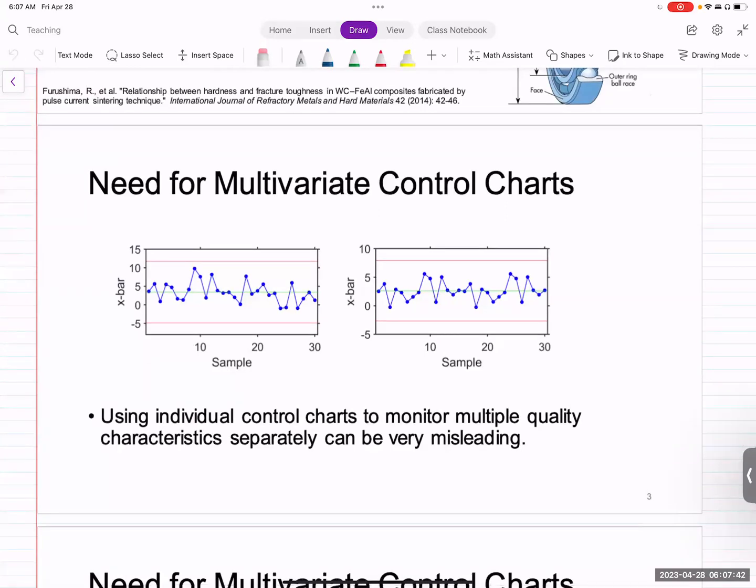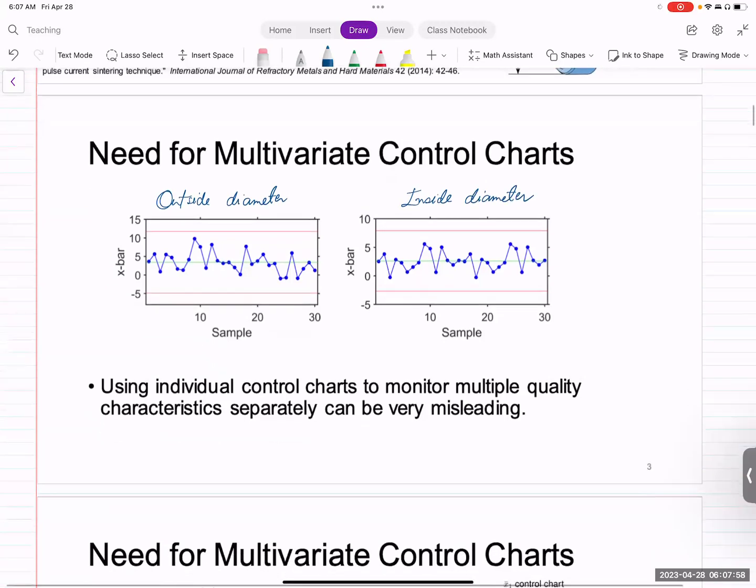So this is your outside diameter, and then this is the inside diameter. Now, if you visually look at these two control charts, again, two quality characteristics, two individual control charts, you might not see anything wrong.